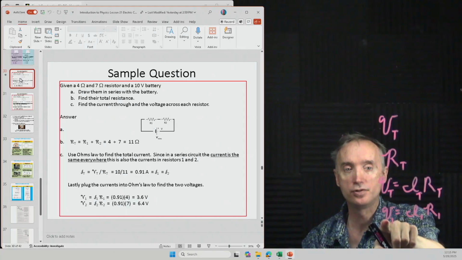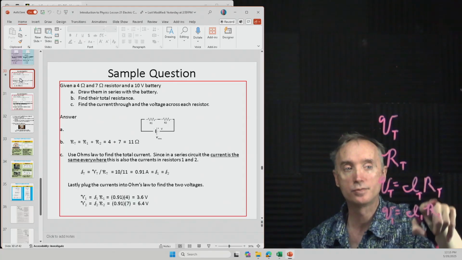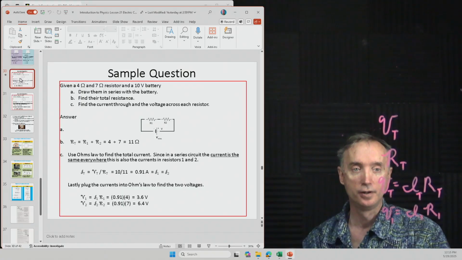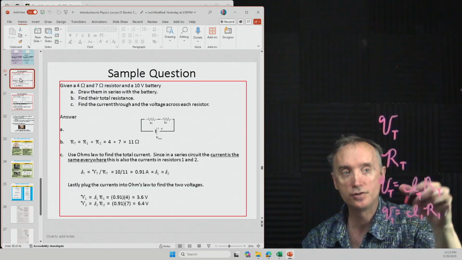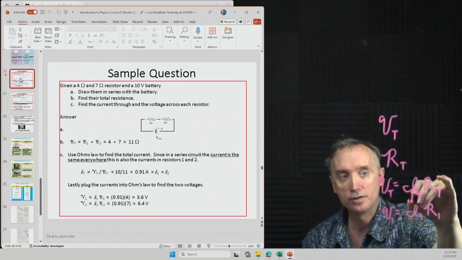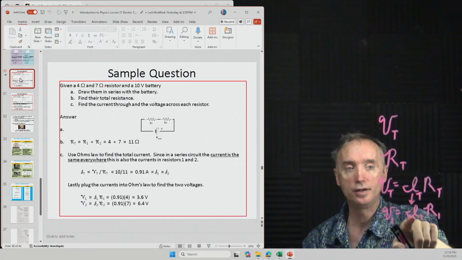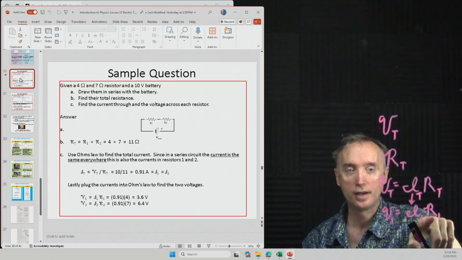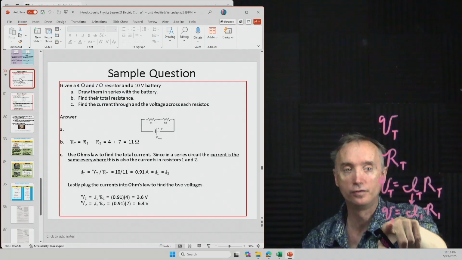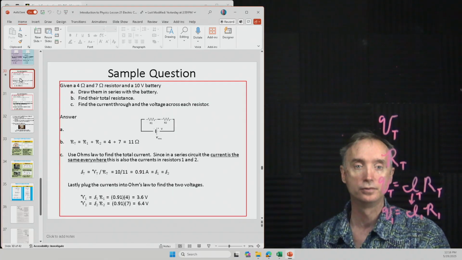So voltage number 1 has to equal current number 1 times resistor number 1. But you know current number 1 because you get that from up here. So you're going to take that current, plug it in there, plug in your resistance that you know, and then calculate what the voltage is going to be. So that's going to be your voltage number 1.